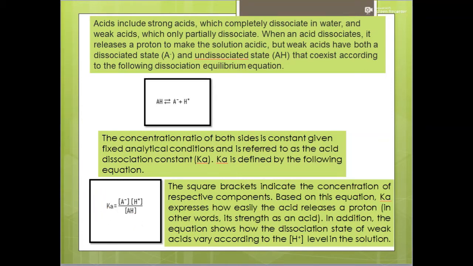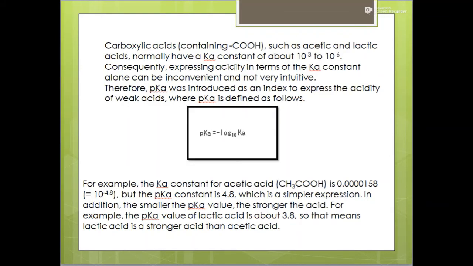This is applicable for weak acids. In strong acids, of course, they would be totally dissociated. But in the case of weak acids, they also occur as undissociated forms, and the dissociation constant is as shown here.